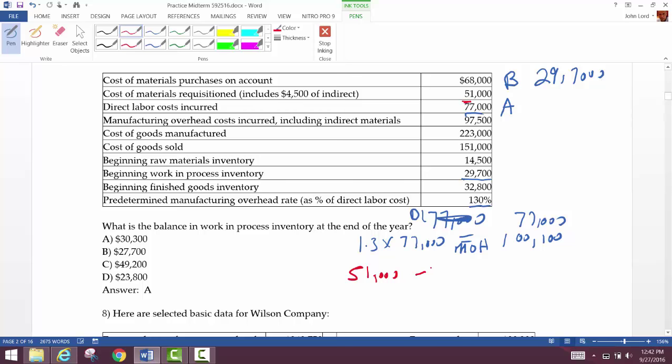Indirect. So I'm going to have to subtract off the 4,500, right? It's indirect. What does that give me? 46,500. Okay. So if I add all those up, those are my manufacturing costs, aren't they?